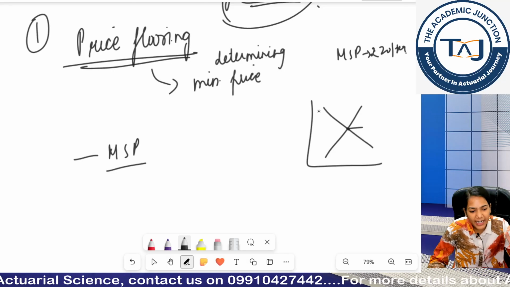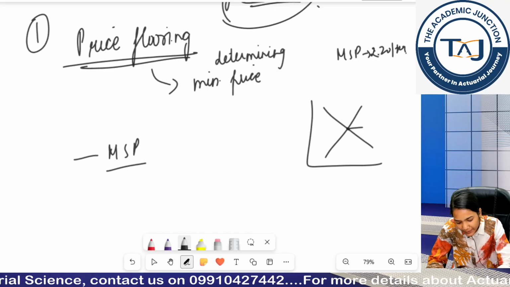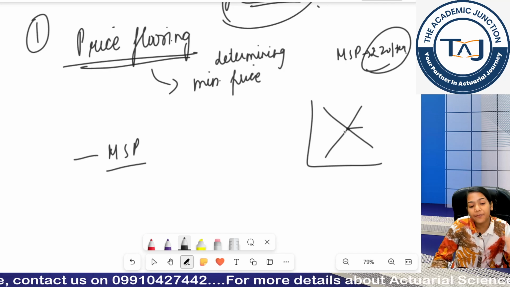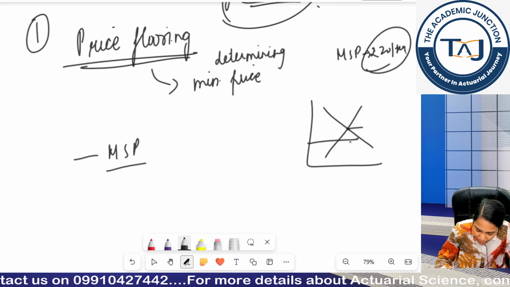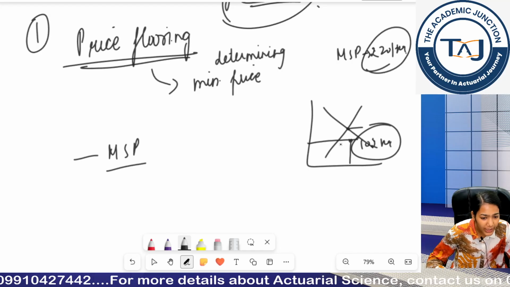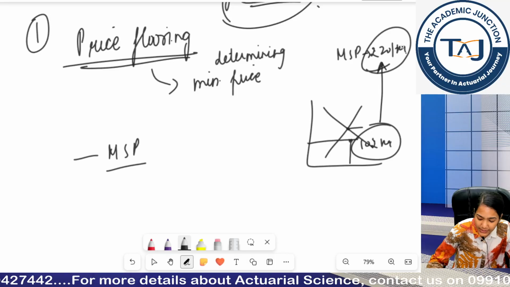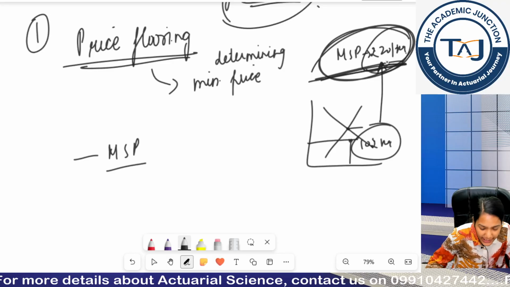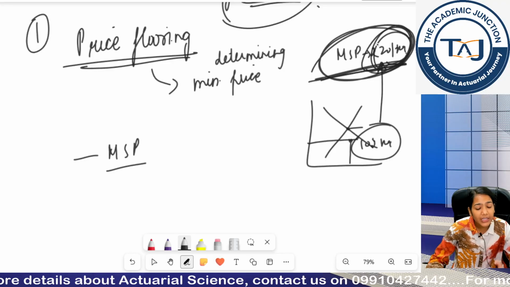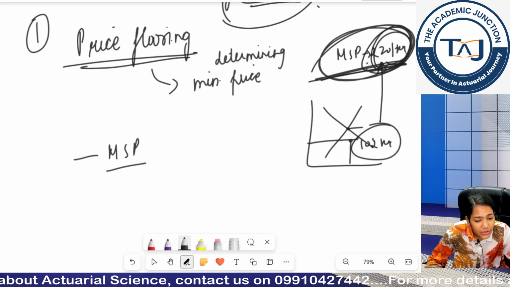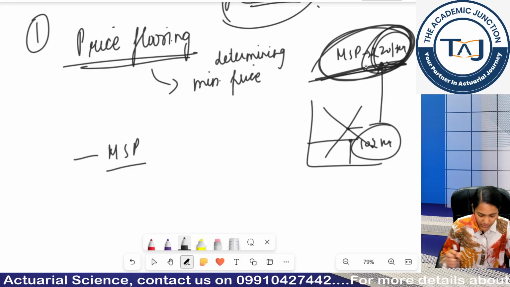Whatever the market price, I am ready to buy at 20 rupees per kg. In future, even if the price of rice goes to 10 rupees per kg, we have a minimum support price, so my price of rice cannot fall below 20 rupees per kg. Why? Because the government is accepting to buy those units.